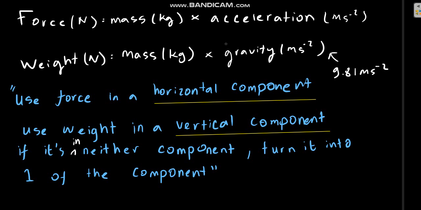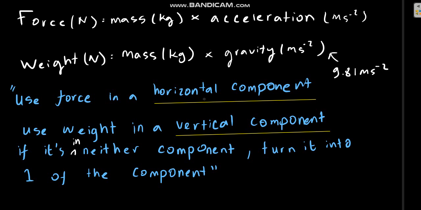We use force, F equals ma, sometimes in a horizontal component, sometimes in a diagonal component. But when we use weight, that's weight equals mass times gravity, and we use a vertical component.